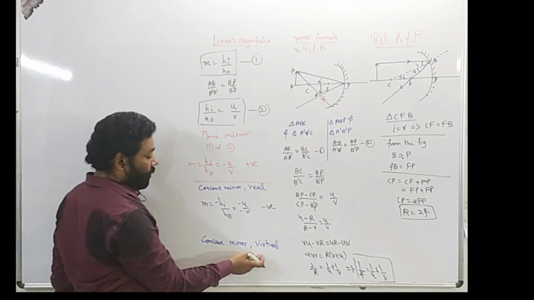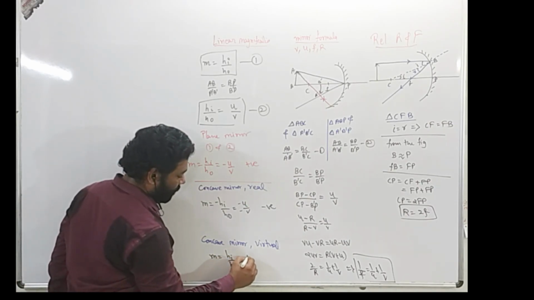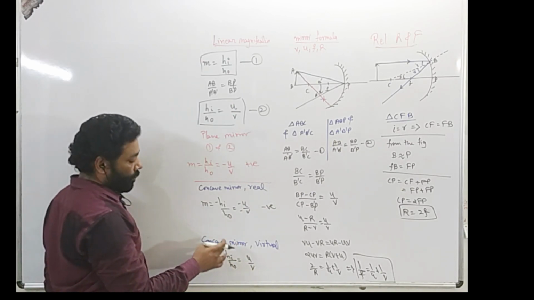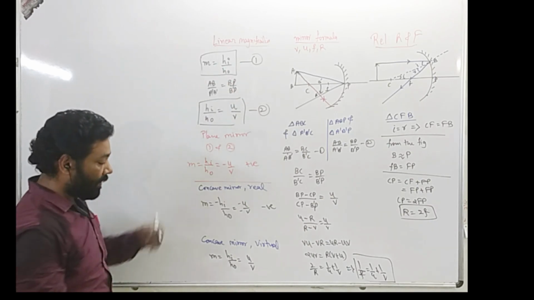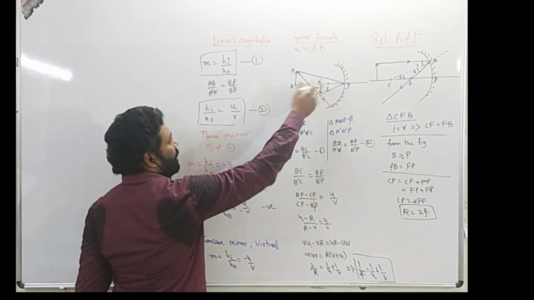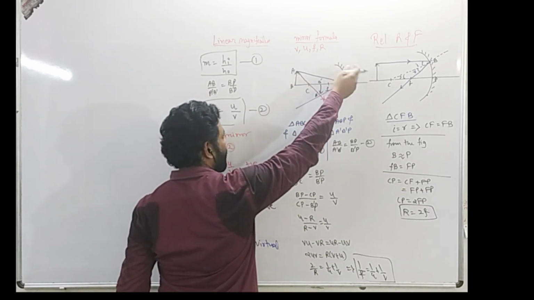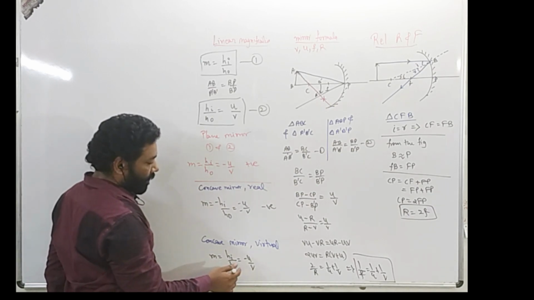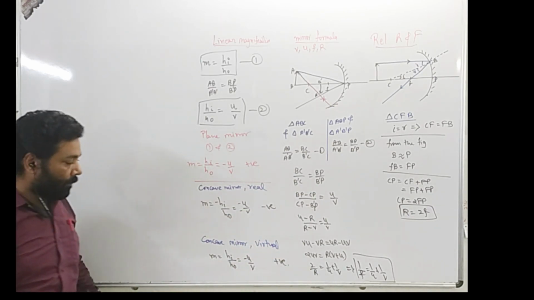In the case of a virtual image, if we try to identify the signs, both the object and image heights are above the principal axis, so both of them will be positive. The object distance is negative, whereas the image is formed somewhere here, so the image distance will be positive. Once again, from the sign, magnification is positive.